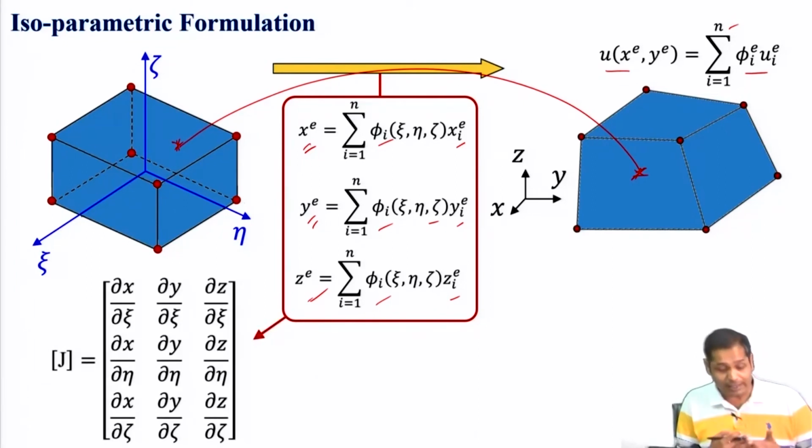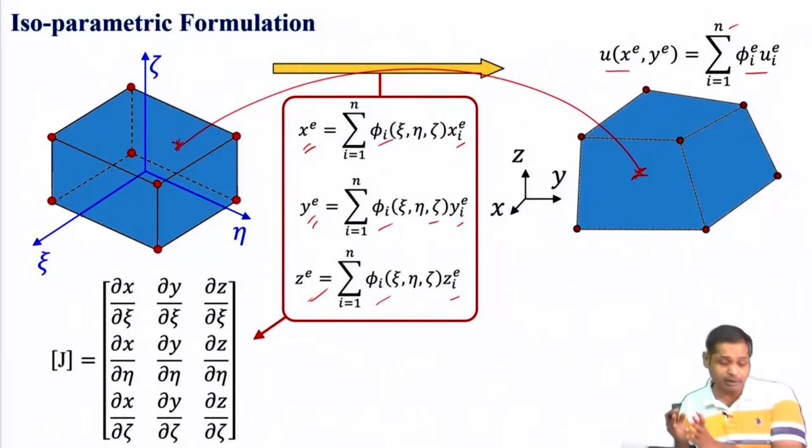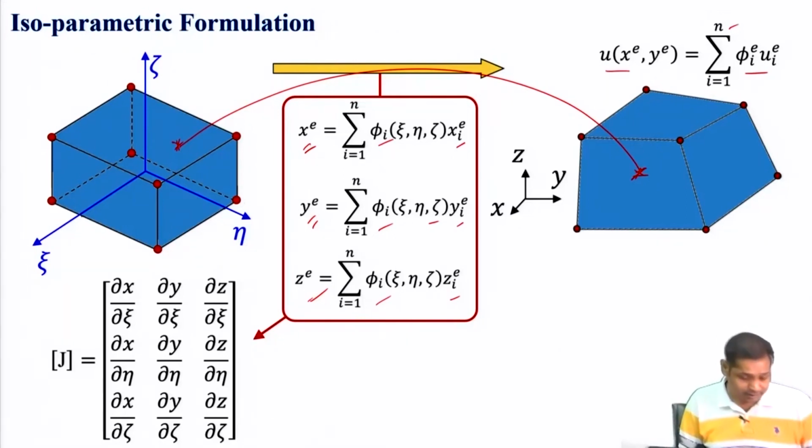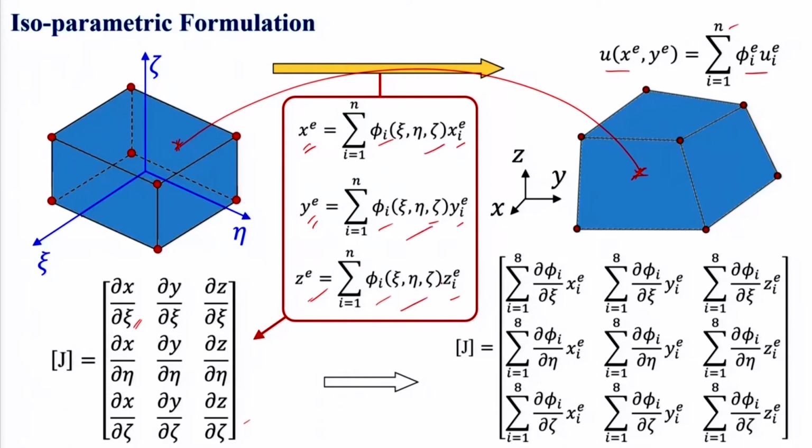Okay. Now, once we have this geometric map, the next step is to define the Jacobian. Jacobian essentially gives you how the derivatives with respect to the physical domain are related to the derivatives with respect to the natural coordinate system, the parametric domain. So this is how the Jacobian is written. We had seen the expression of such Jacobian. Now, once we have this Jacobian, the derivative of x, y, z can be written from this expression.